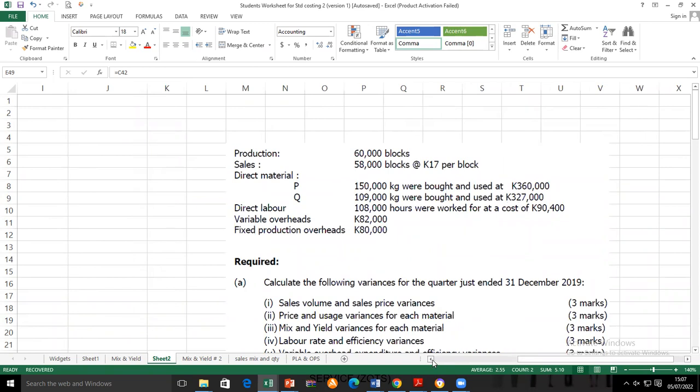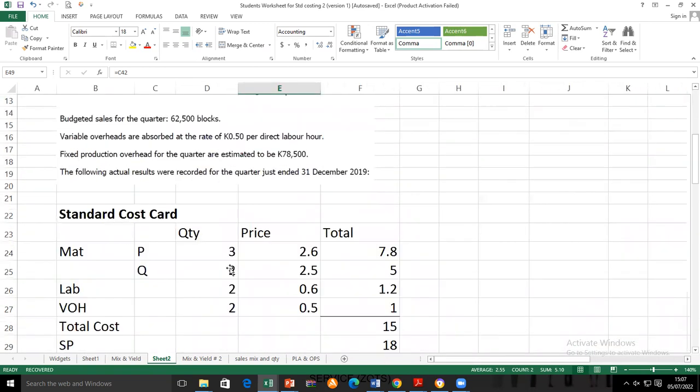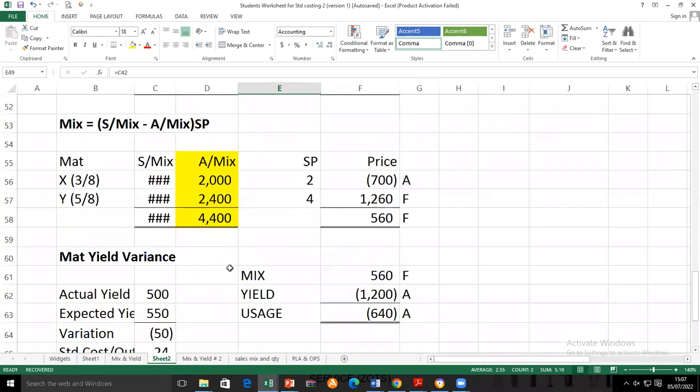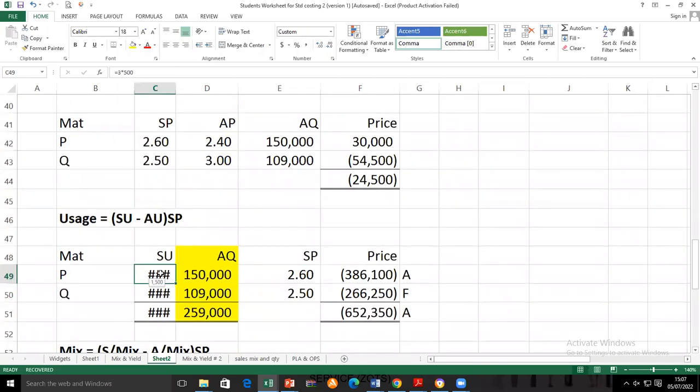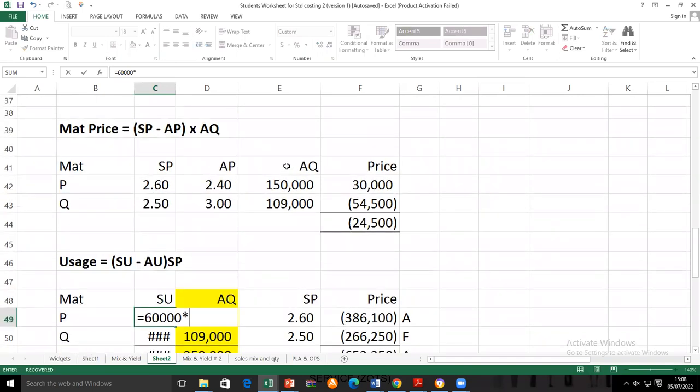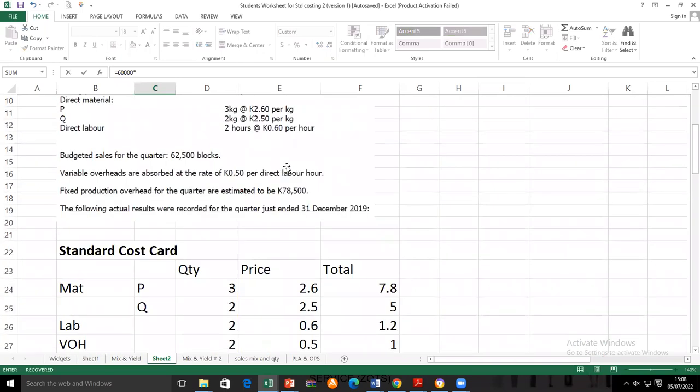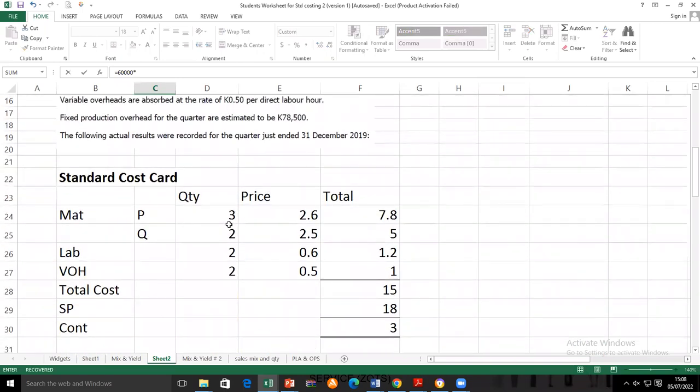So how much of P do they need? The quantity of P, how much do they need? You go here, 3 kgs. So times 3.